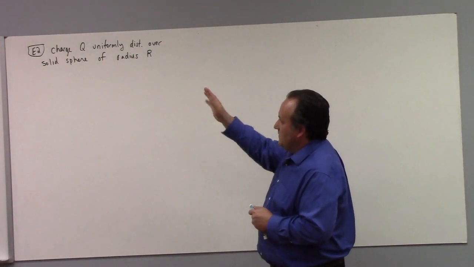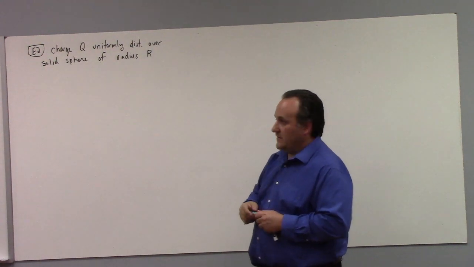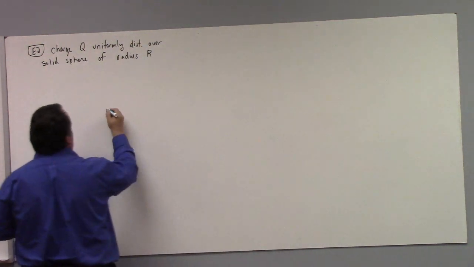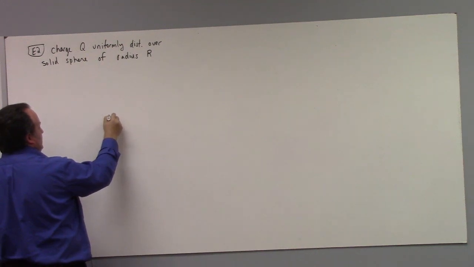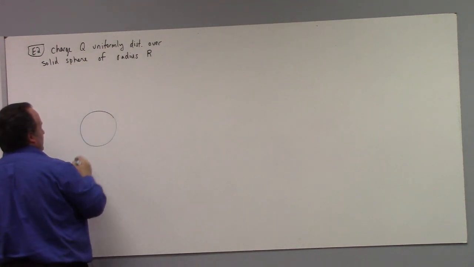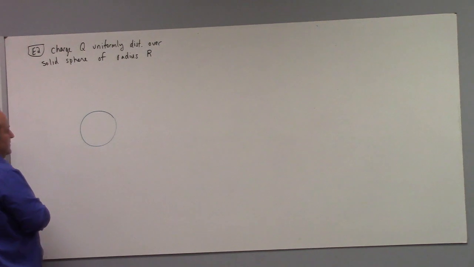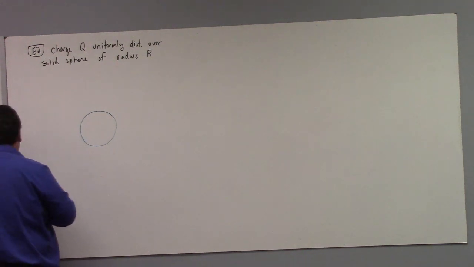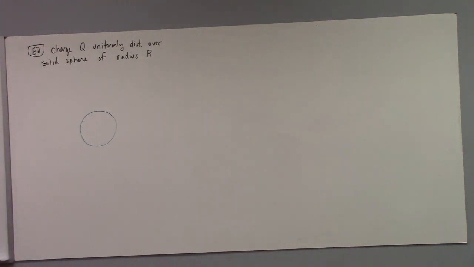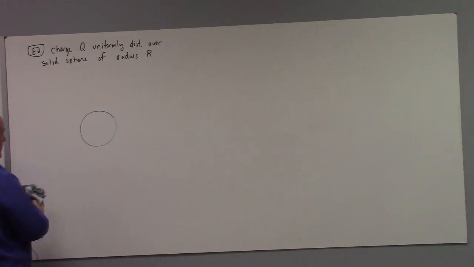But so, charge Q uniformly distributed over a solid sphere. Let me draw a picture here, and I'll draw it two-dimensionally. So what I'm saying is, I've got this solid sphere. Maybe I should make this sphere bigger. We'll make it bigger.